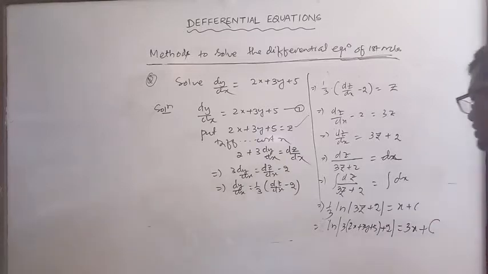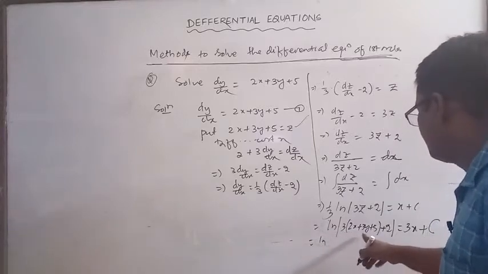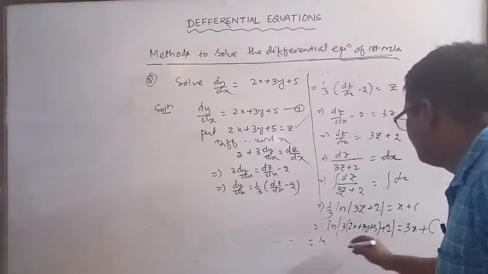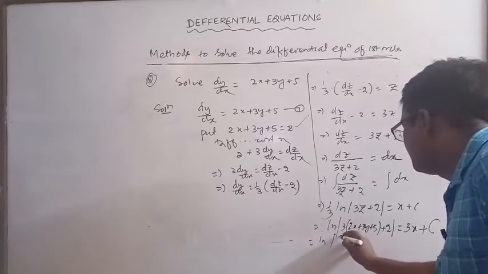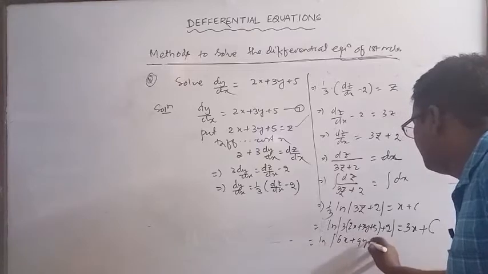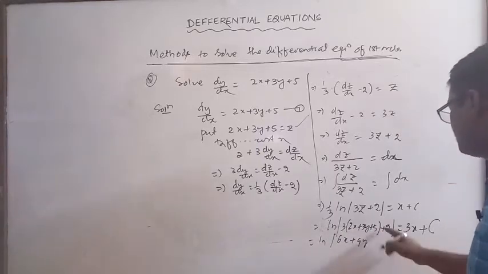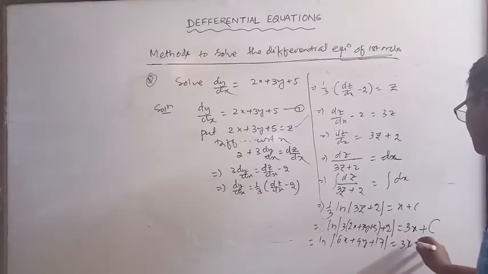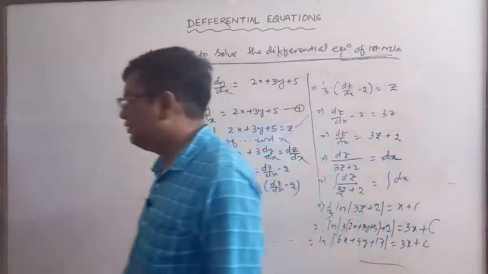That is ln|6x + 9y + 15 + 2|, so ln|6x + 9y + 17| = 3x + constant. This is the answer.